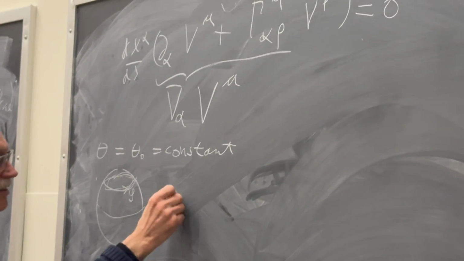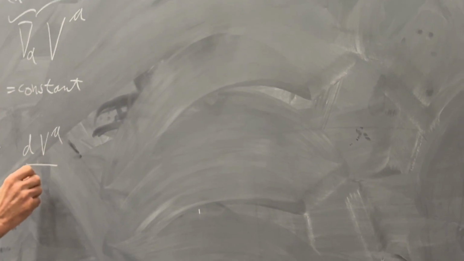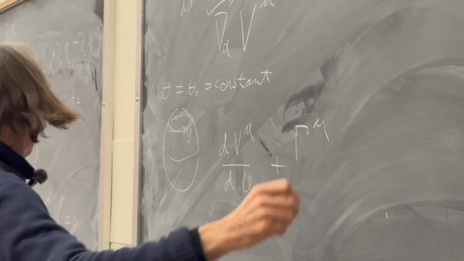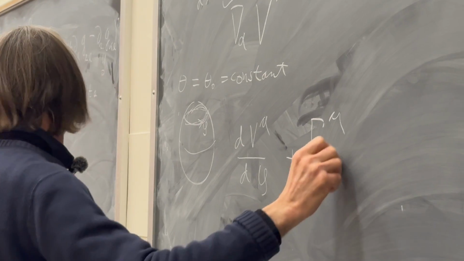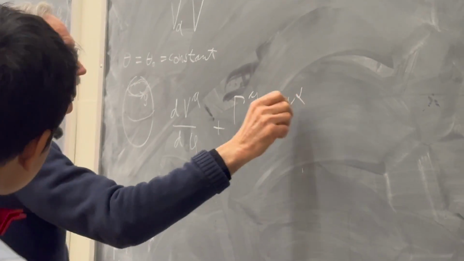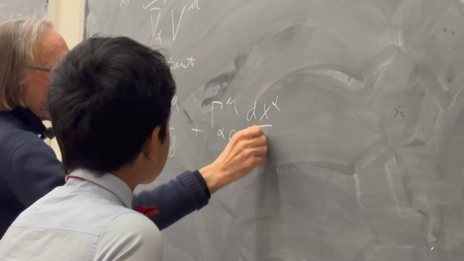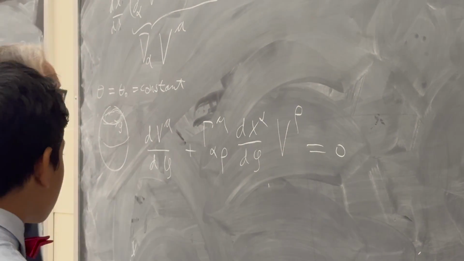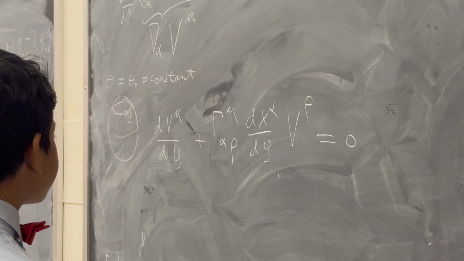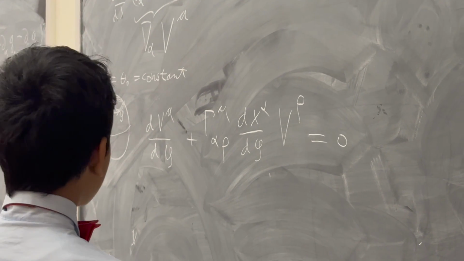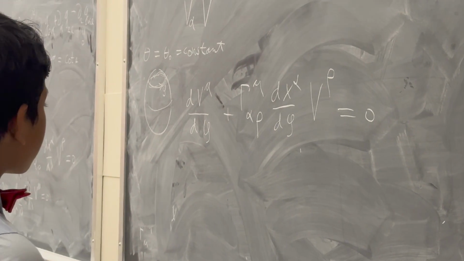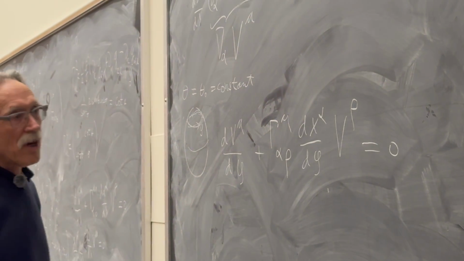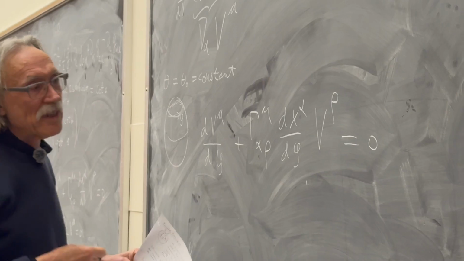That is d v mu d phi plus gamma mu alpha rho dx alpha d phi times v rho is equal to 0. And now for the theta component, we take that fixed.